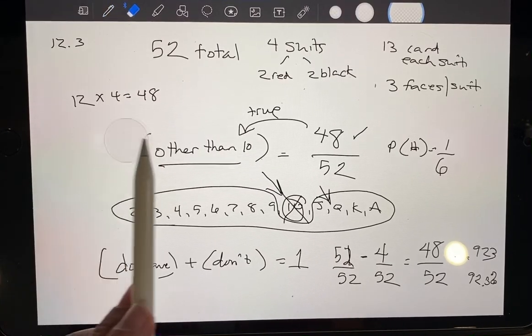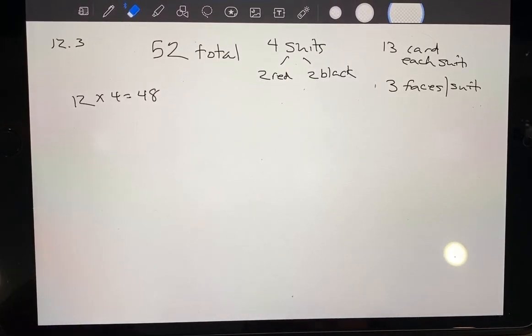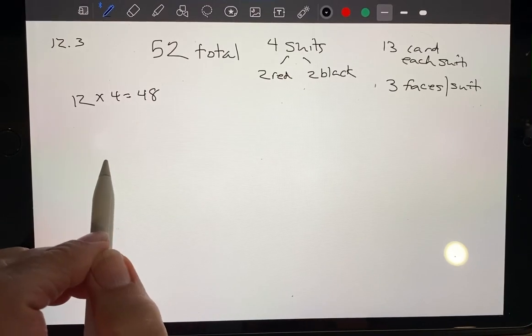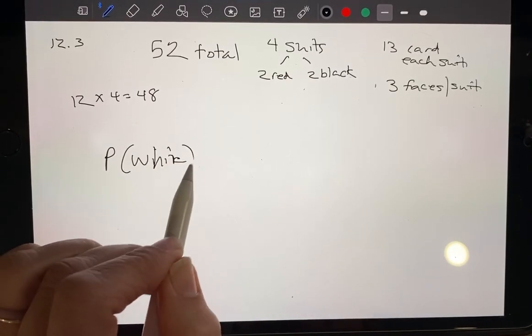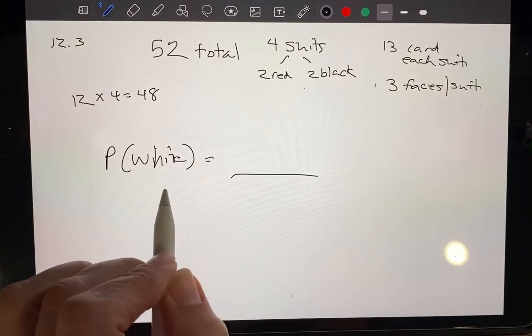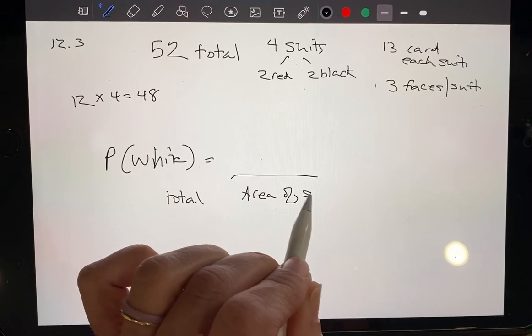So our total in that case is going to be 24 times 24, which is again going to give us the total area. So if they ask for the probability of the white area, my total is going to be the area of the square.